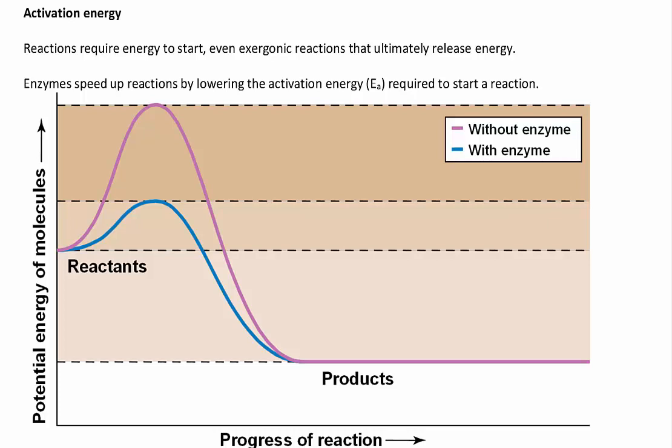So this graph represents how enzymes reduce activation energy, which is also often represented as E with a subscript A underneath it. On the y-axis, you've got the potential energy of the molecules, and on the x-axis, you have the progress of the reaction, going from reactants to products.